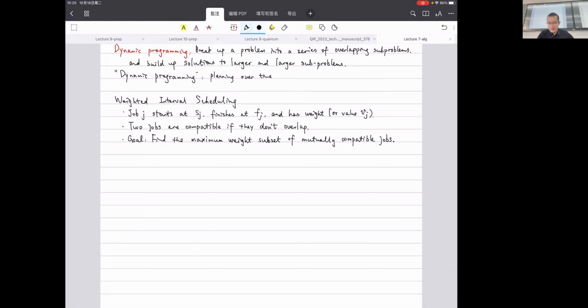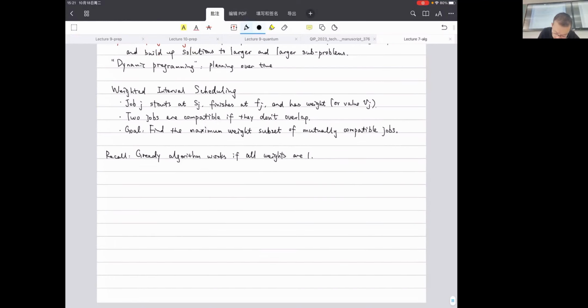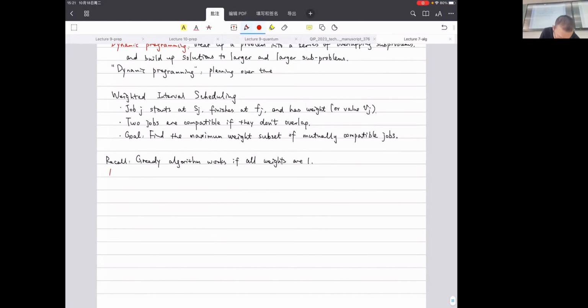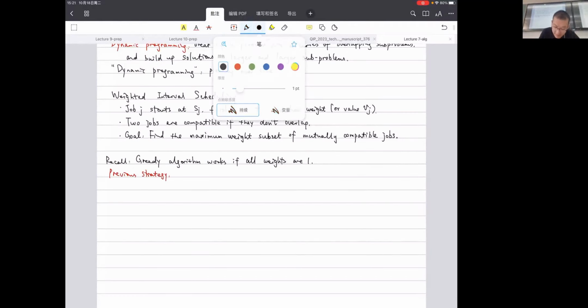Since I've been talking about this all the way here, recall that the greedy algorithm works if all weights are one. And recall the strategy we used.